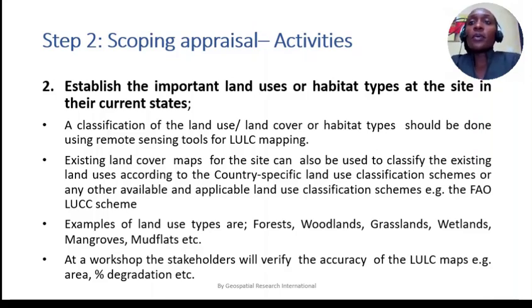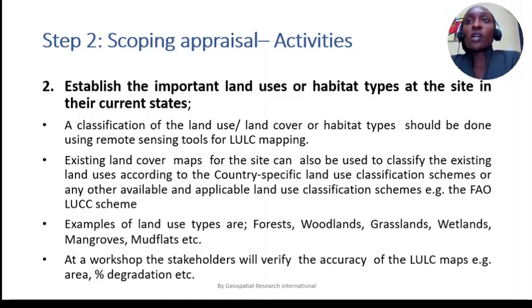So the next step under the scoping appraisal is to establish the important land uses or habitat types at the site in their current states. Here, classification of the land use and land cover or habitat types should be done, and remote sensing tools for land use land cover mapping are recommended. It is important to develop an accurate land use land cover map to ensure an accurate assessment.